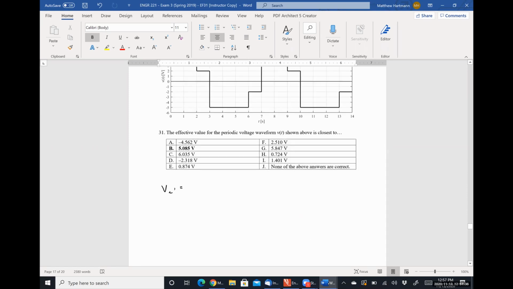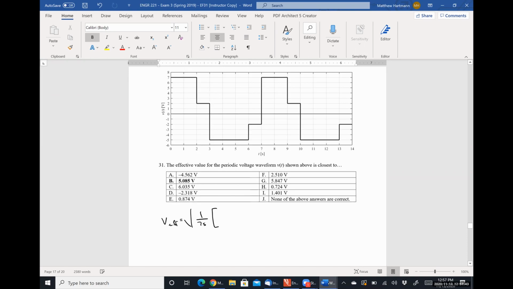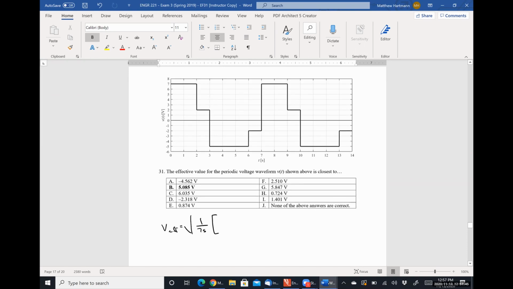All right, V effective is the square root of 1/7 seconds. So this is a piecewise function, right? So let's look at it over the interval from 0 seconds to 7 seconds. From 0 to 2 seconds, it has a value of 7 volts. From 2 seconds to 3 seconds, it has a value of 2 volts.